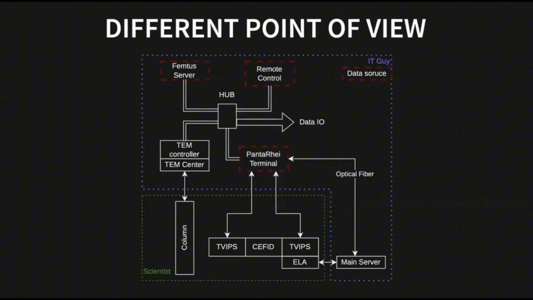What do I mean by different? Well, the scientist is very much concerned about all the scientific parts: the column and the characteristics of the column, the cameras that are available, the kind of experiment that can be performed.